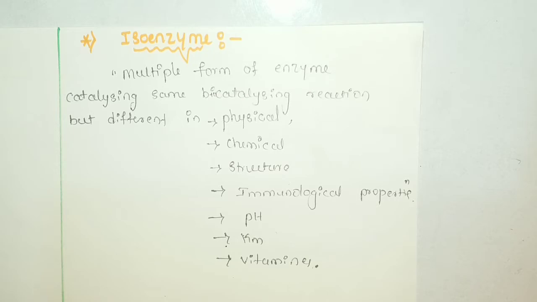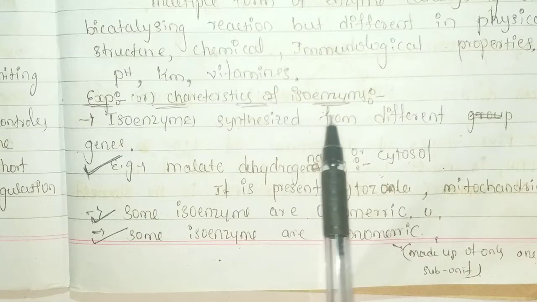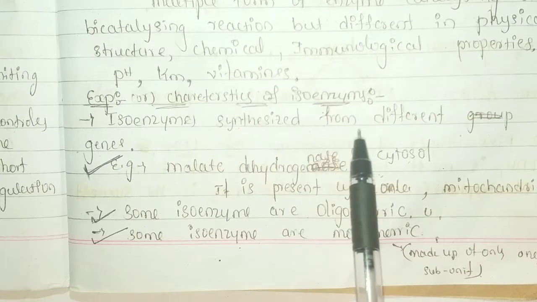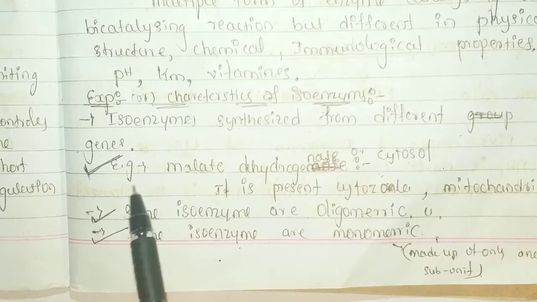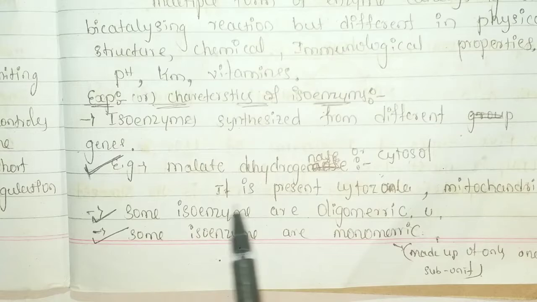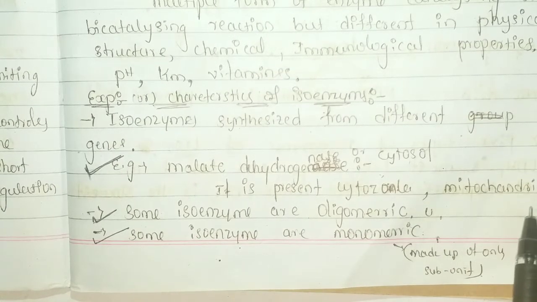Now the properties, the characteristics of isoenzymes: they are synthesized from different genes. For example, malate dehydrogenase is present in the cytosol and mitochondria.